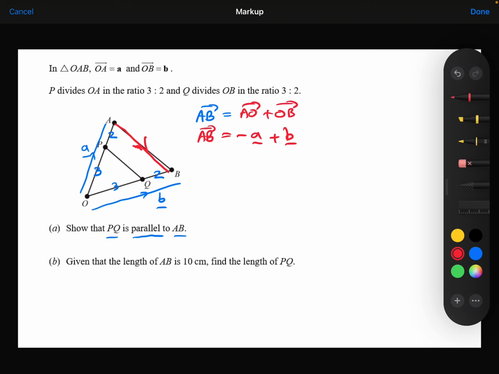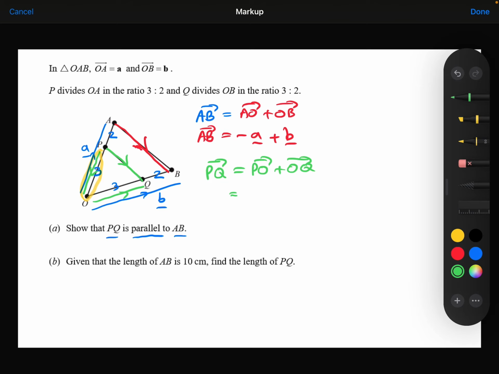Let's now do the vector P to Q. So this is the vector P to Q, which is going to be the same as the vector P to O plus O to Q. Now the vector P to O, that's going to be 3/5 of the vector A, because remember that the A is the whole thing, which was 5 parts.